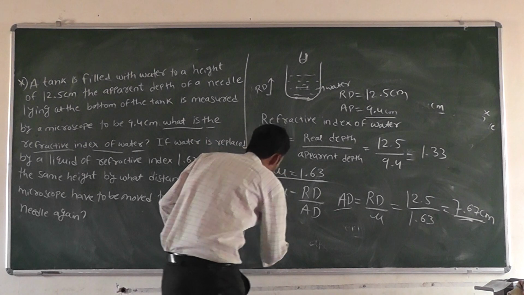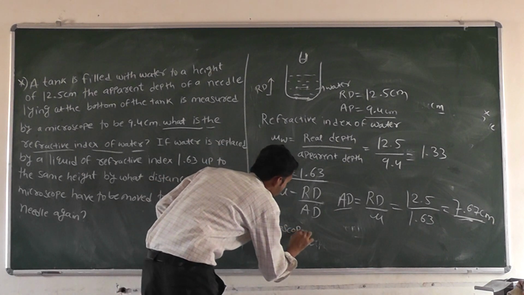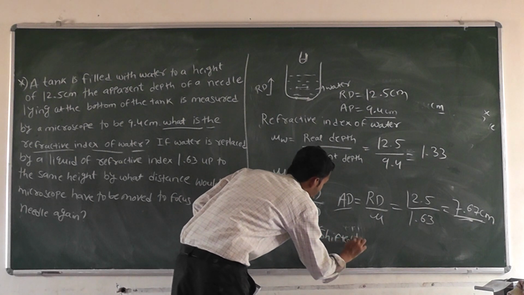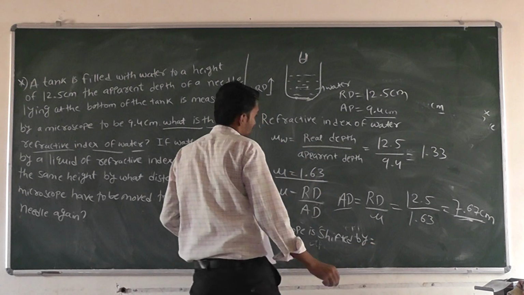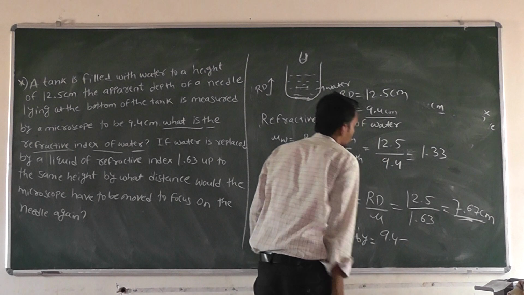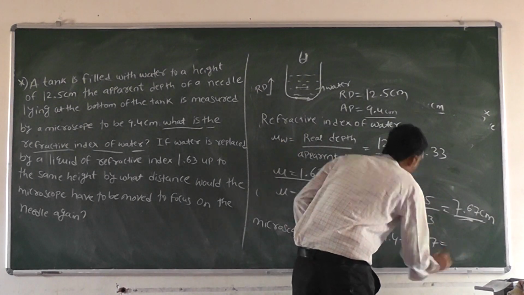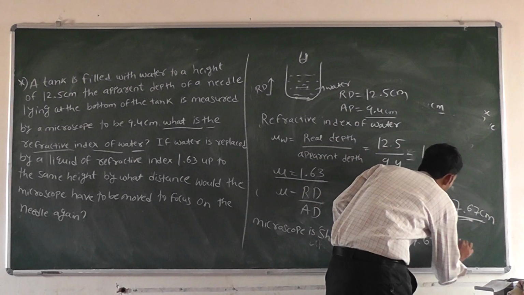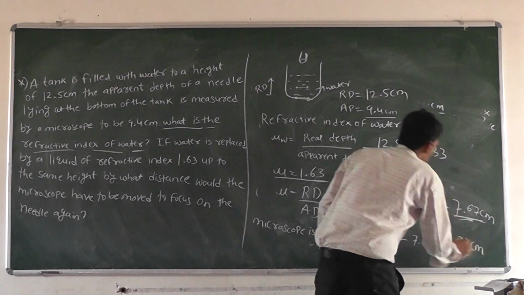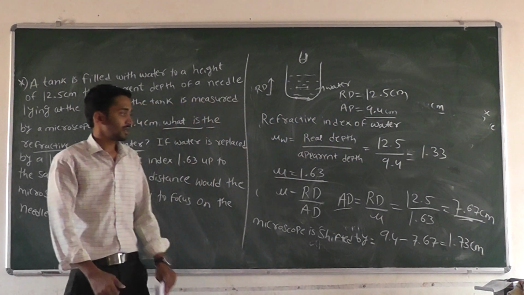So the microscope is shifted by the difference, 9.4 minus 7.67. So we will get the value 1.73 centimeter. So we have to shift the microscope by 1.73 centimeter.